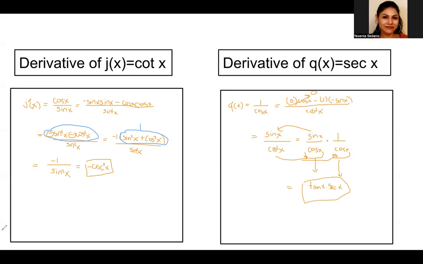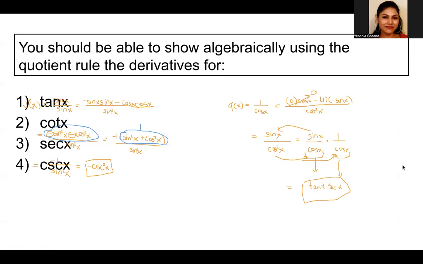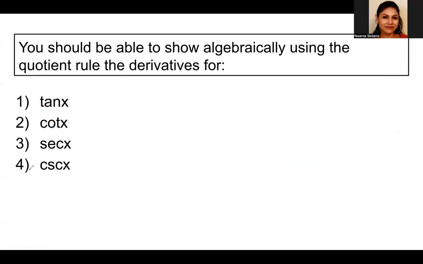Yay. We are basically there. So y'all, oops, I've got to clear my screen. So again, please pause the screen if you need to get any of this prior stuff down. But for our final, you should know how to show using algebra and the quotient rule, or prove using algebra and the quotient rule, to determine the derivatives and show the derivatives are for tangent, cotangent, secant, and cosecant.